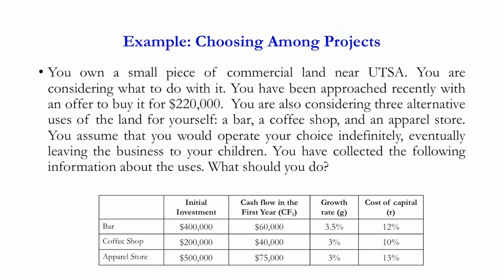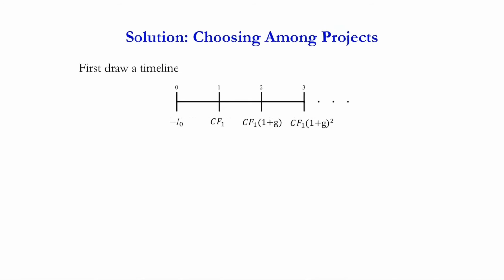The first thing that I'm going to do is to draw a timeline. This timeline is based on the information that was given in the table in the question. The table gives us information about the initial investment and the cash flow at the end of year one, and also a growth rate G, at which the first year cash flow will grow forever.